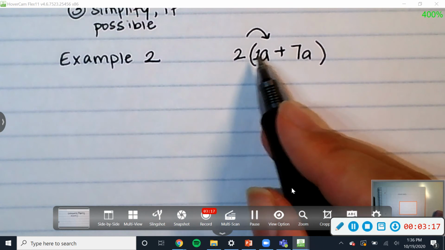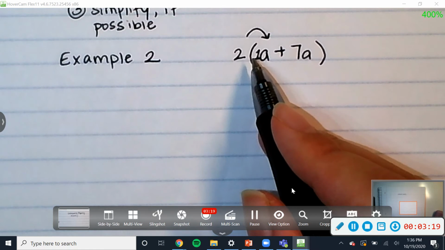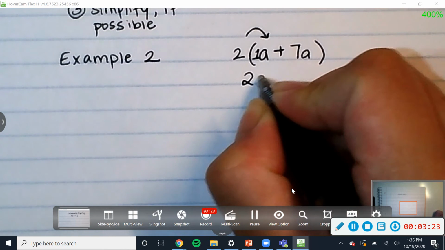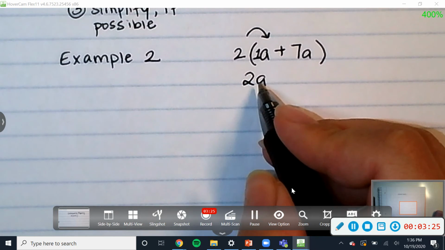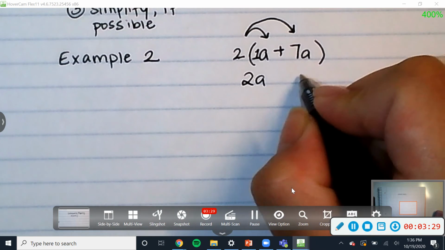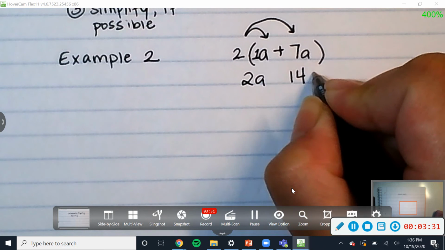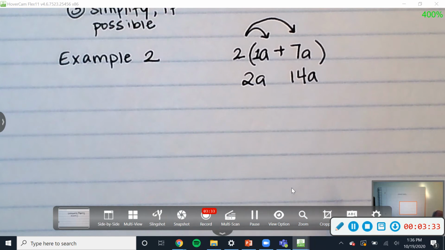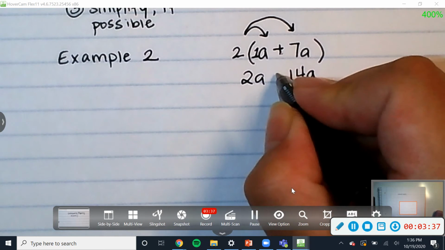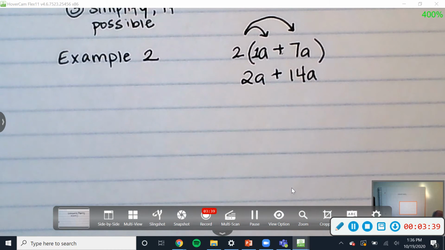If you have A by itself, it always has an invisible 1. So 2 times 1 is 2. Keep the variable, so 2a. 2 times 7a, I multiply 2 and 7, I have 14. Keep the variable. And I look at the original sign that was here, I had a plus, so I want to keep that plus sign as well.